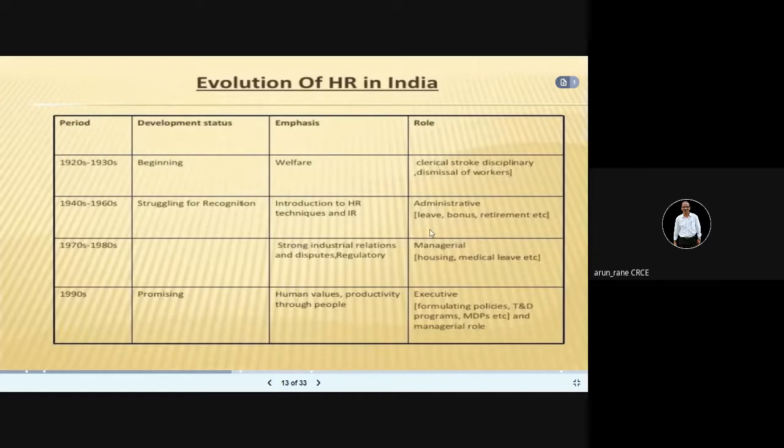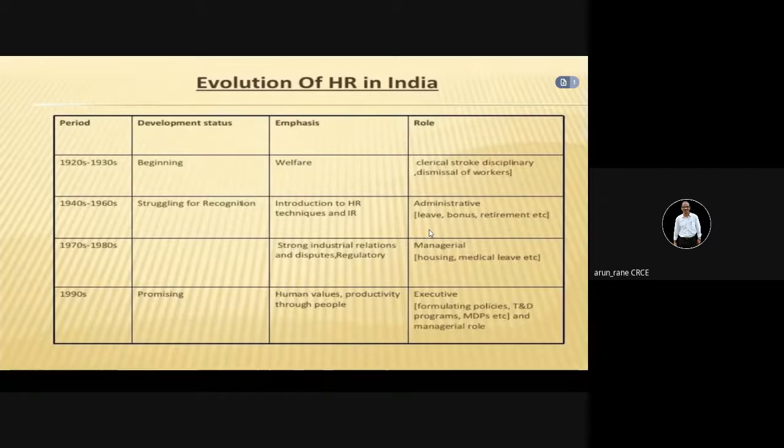Now let me tell you, some companies still do not believe in leave. You may find it a little surprising. Mostly, most of the companies have like 8 casual leaves, 12 sick leaves, then 30 privilege leaves, like that.